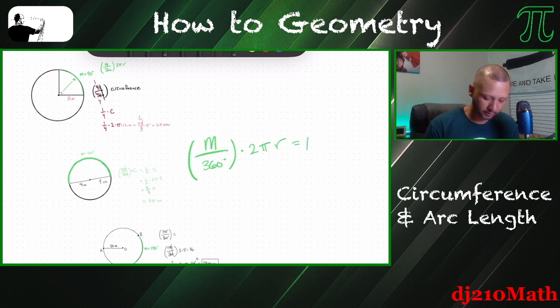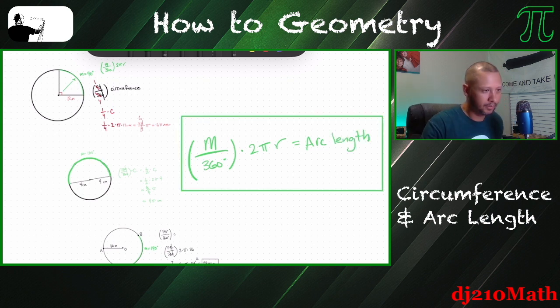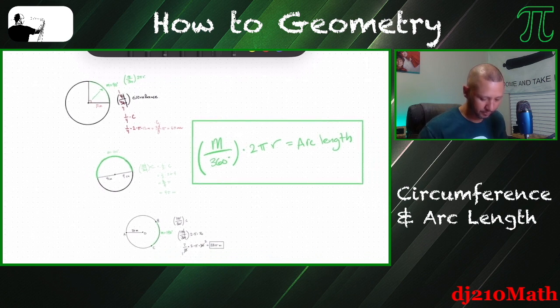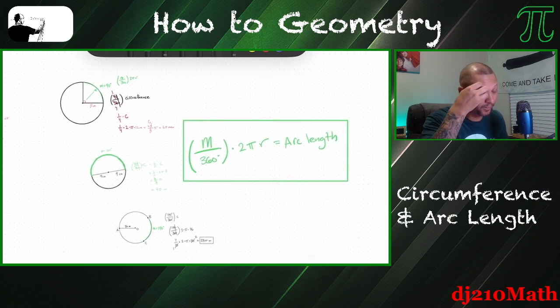This is known as arc length. Hopefully this is useful. It's not a hard topic to comprehend. The arithmetic does get a bit of a challenge if you're not good with multiplying numbers, but I think you'll be fine.